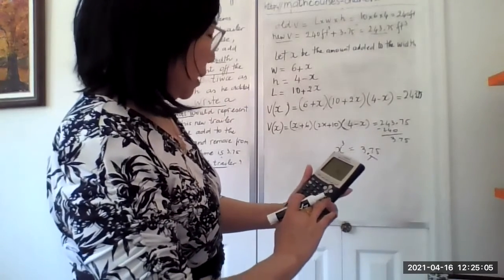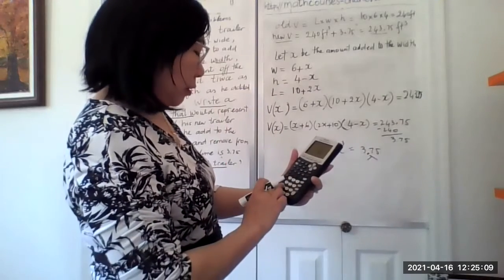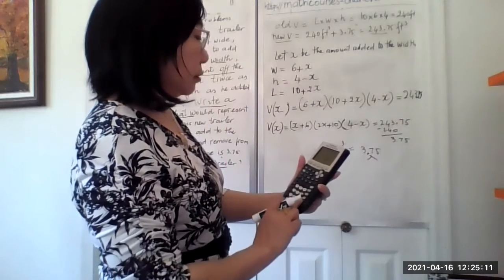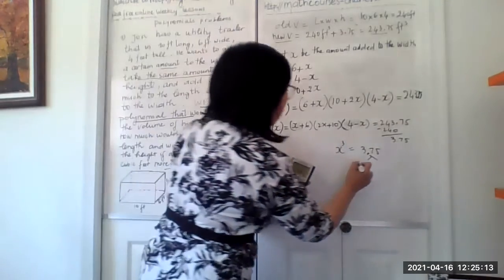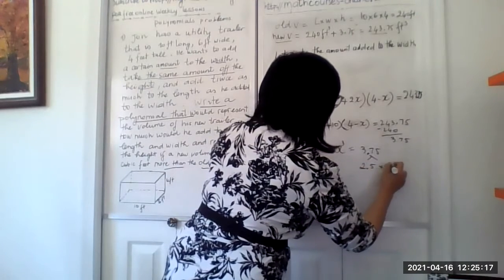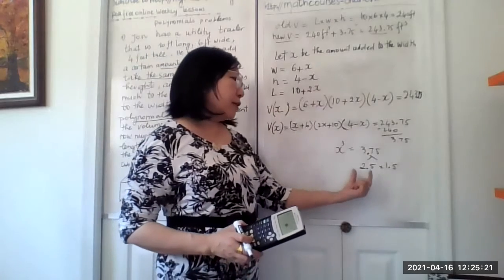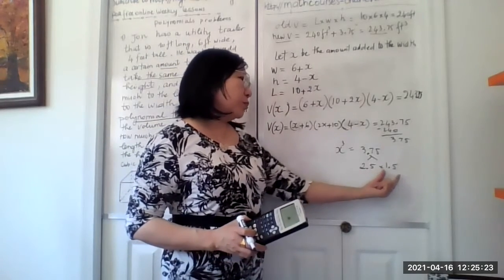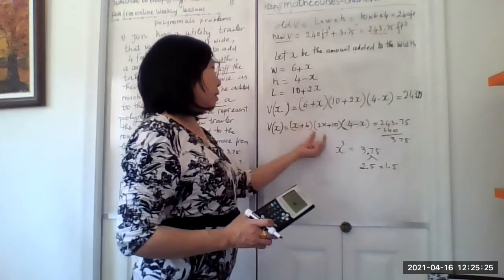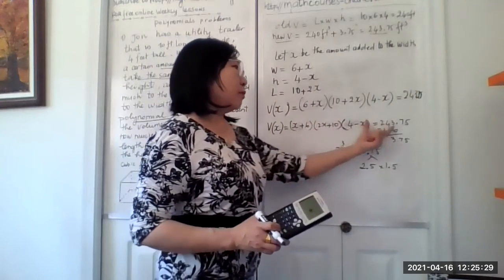So I'm going to divide 3.75 by, let's say, 1.5, and I will get 2.5 times 1.5. So by narrowing down like this, I can substitute any of these small numbers into this equation and see if the left side equals the right side.